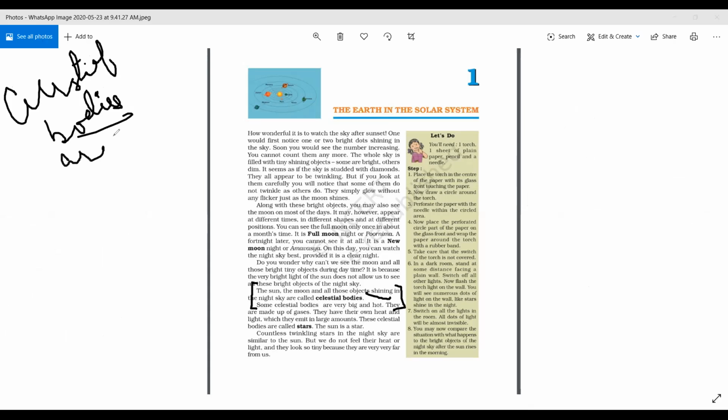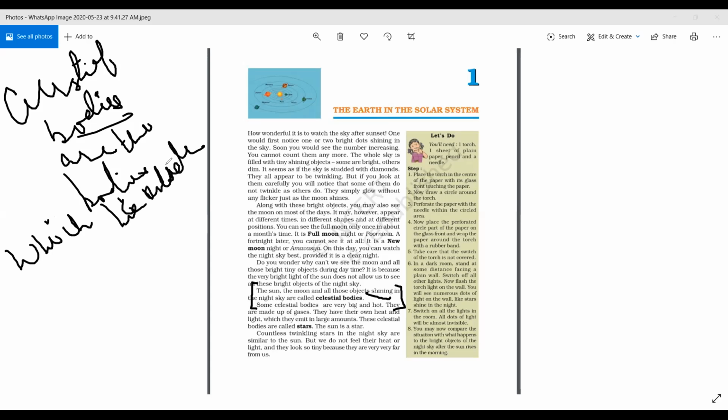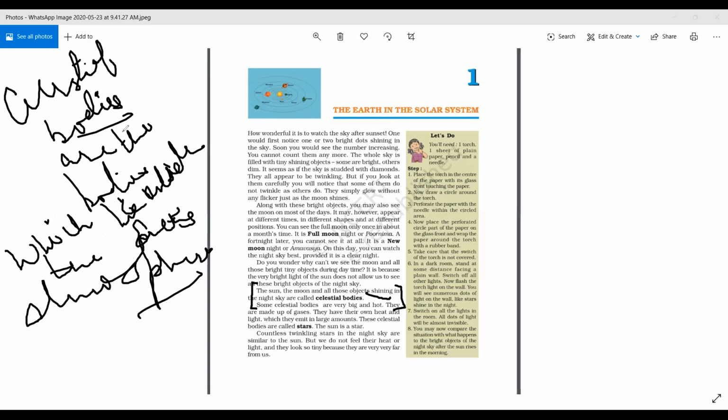Celestial bodies are bodies which lie outside the Earth's atmosphere, out in space.